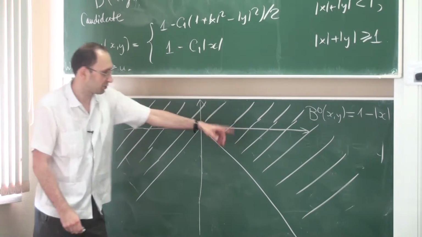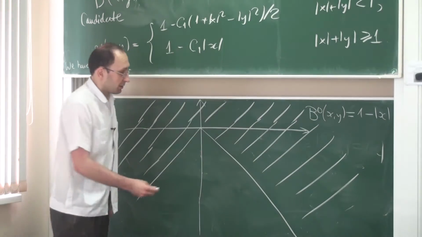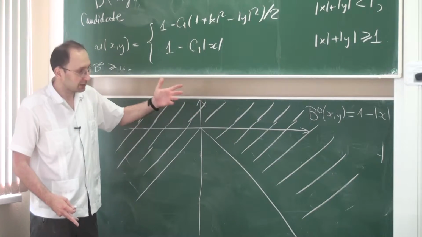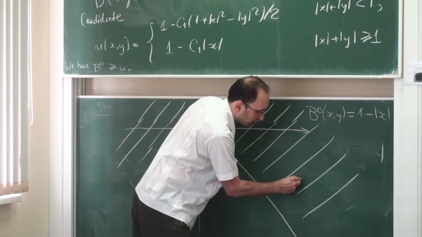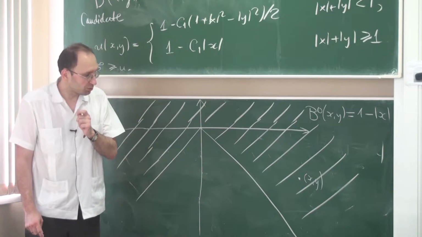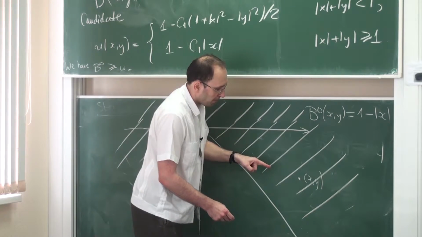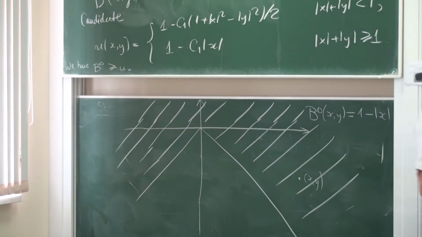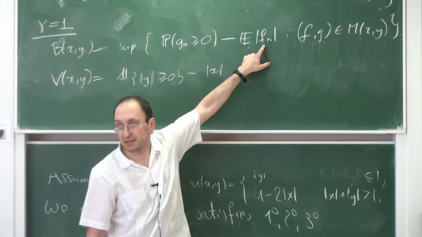On this striped region, we have this equality. Why is it so? Above the real axis, we have already seen why. What happens here? When we start from some point below, it's easy to construct a martingale pair such that this probability is arbitrarily close to 1, and the sign of f is not changed.